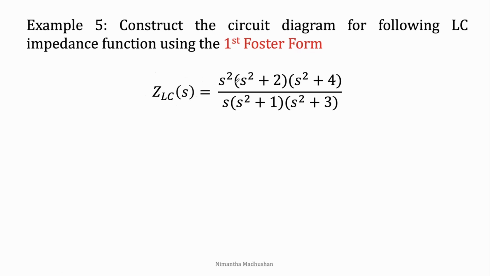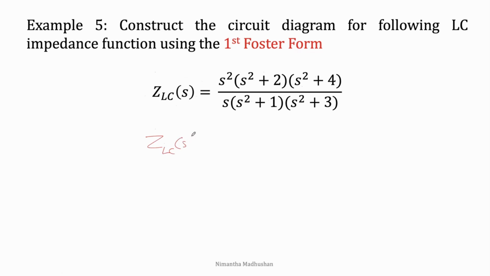In the impedance function, the numerator has s to the power 2 times (s squared plus 2) times (s squared plus 4), and the denominator has s times (s squared plus 1) times (s squared plus 3). Then we can simplify the impedance function.